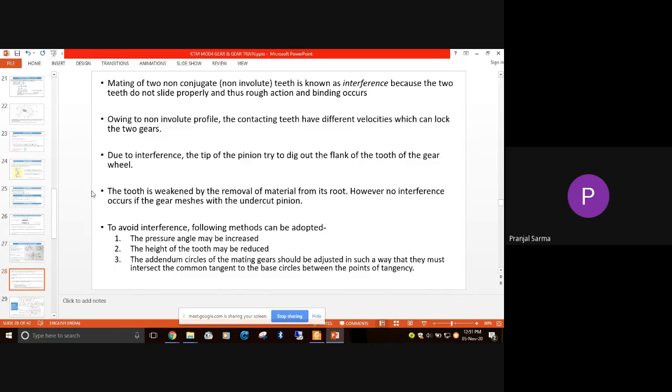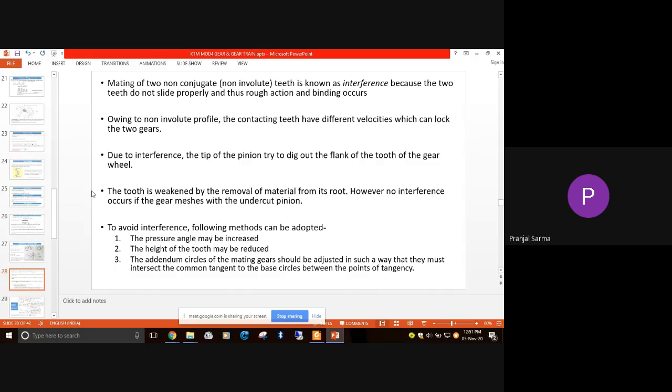Now we have seen that interference in the case of involute profile is a problem, so we should be able to minimize it, or rather avoid it. Some of the methods we can adopt to avoid interference in involute teeth: the pressure angle, the module and the number of teeth are the different parameters which are responsible, and based on them the relative position of the base circle and the addendum circle is determined.